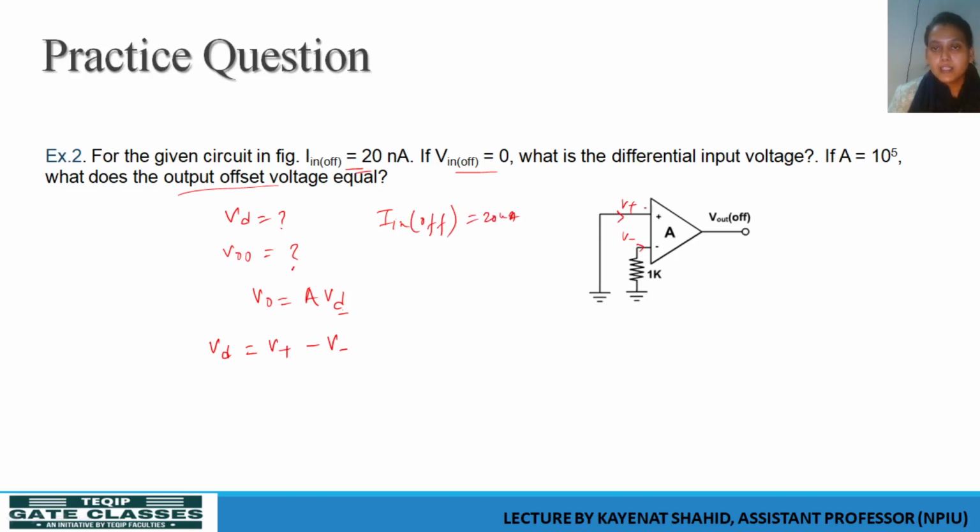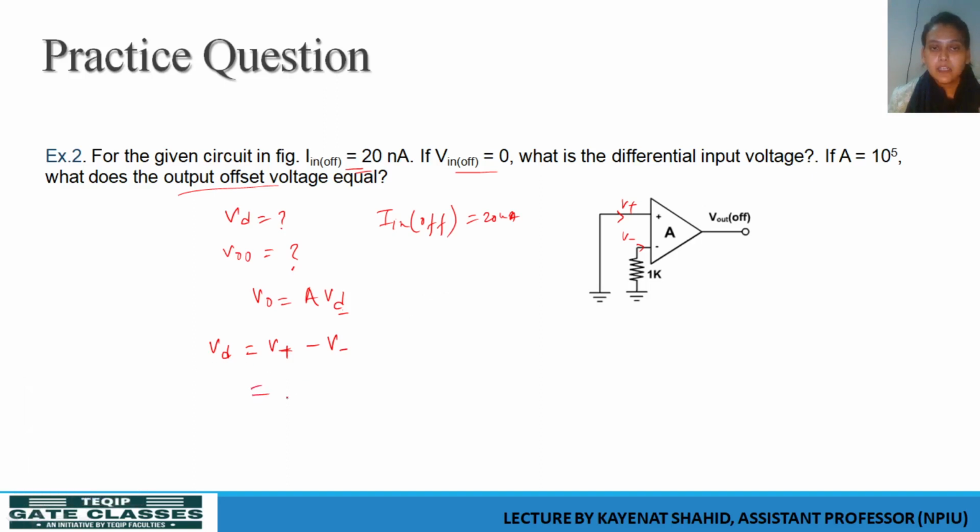As this is 0, we take the current in this terminal, so the voltage drop across it gives the differential voltage VD.